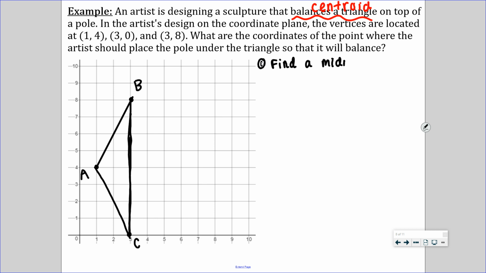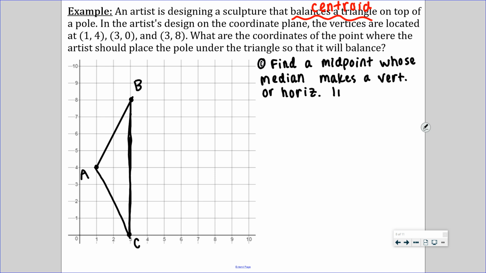But my advice to make this easier on yourself is to find one whose median makes a vertical or horizontal line. I will explain why that's easier as we go through the process here. But it's going to save you a lot of steps.